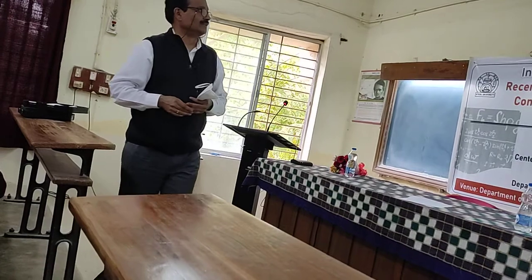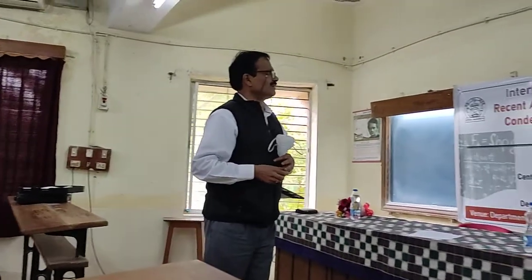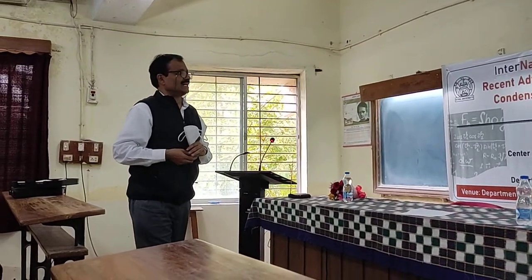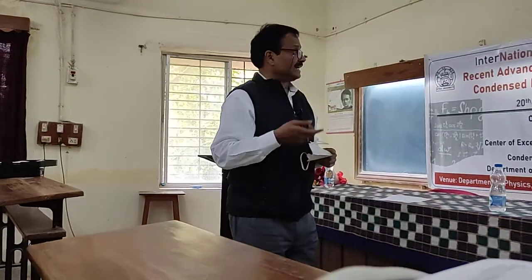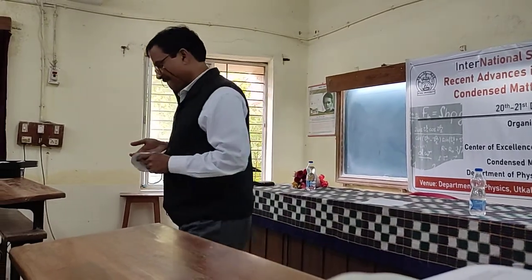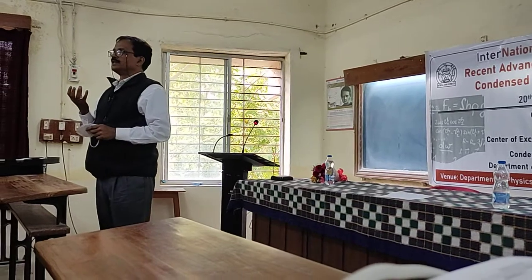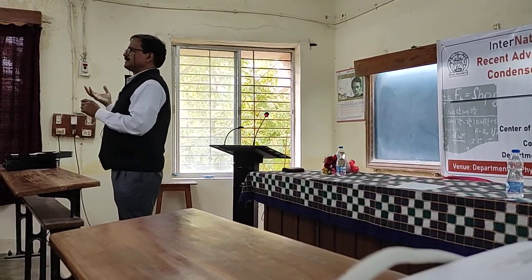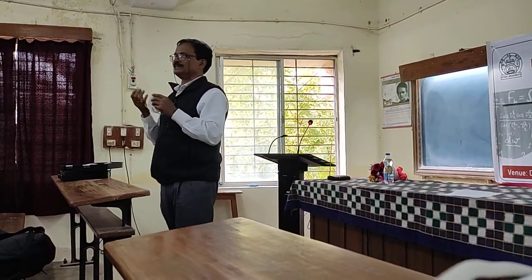So that I will do, and then I will discuss a little bit about non-radial oscillations in neutron stars, and finally I will conclude. There I will discuss that if the neutron star has a quark matter core, its oscillation modes are different from those of a canonical neutron star with only neutron matter.